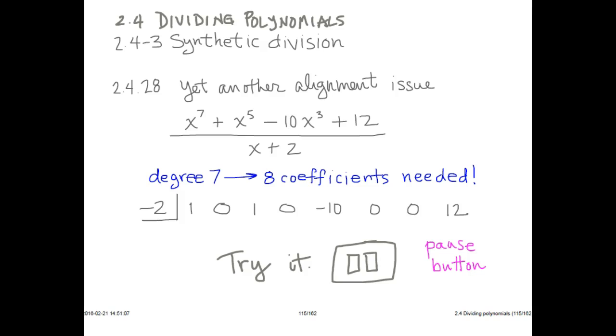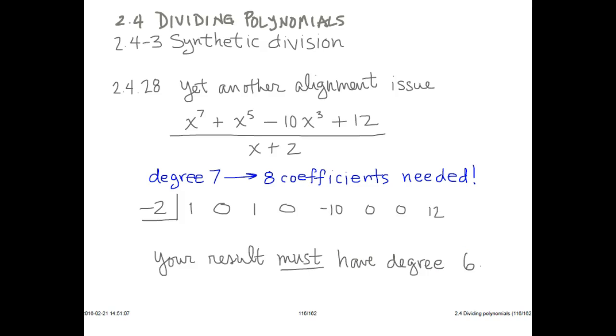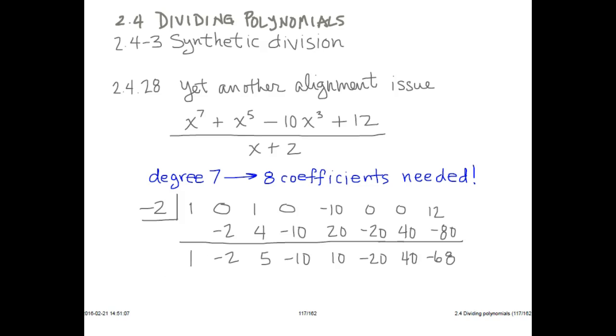The degree of the numerator was 7, so I gotta have 8 coefficients here in my synthetic division. I'll let you hit the pause button now so you can try it. Does your result have degree 6? I do hope so. Whoa, look at all that. So, linear factor, therefore I know I just subtract 1 to get the degree of the result, so I know that this is going to be x to the 6th.